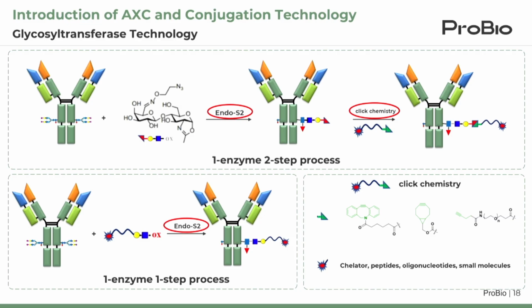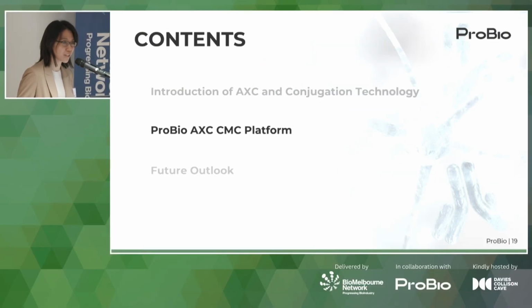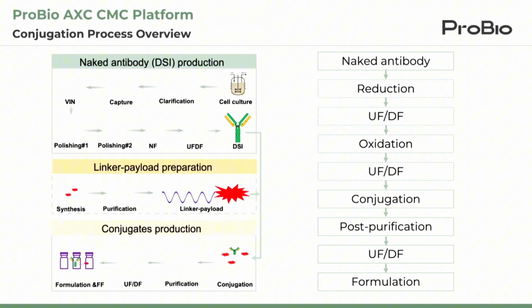After an overview of this site-specific technology space, let's take a closer look at our platform capabilities to enable some of this ADC process. Starting with an overview of the conjugation process flow, it involves first the production of naked antibody, or we can call it DS intermediate, which is not much different from conventional mAbs or bispecific or other antibody format production.